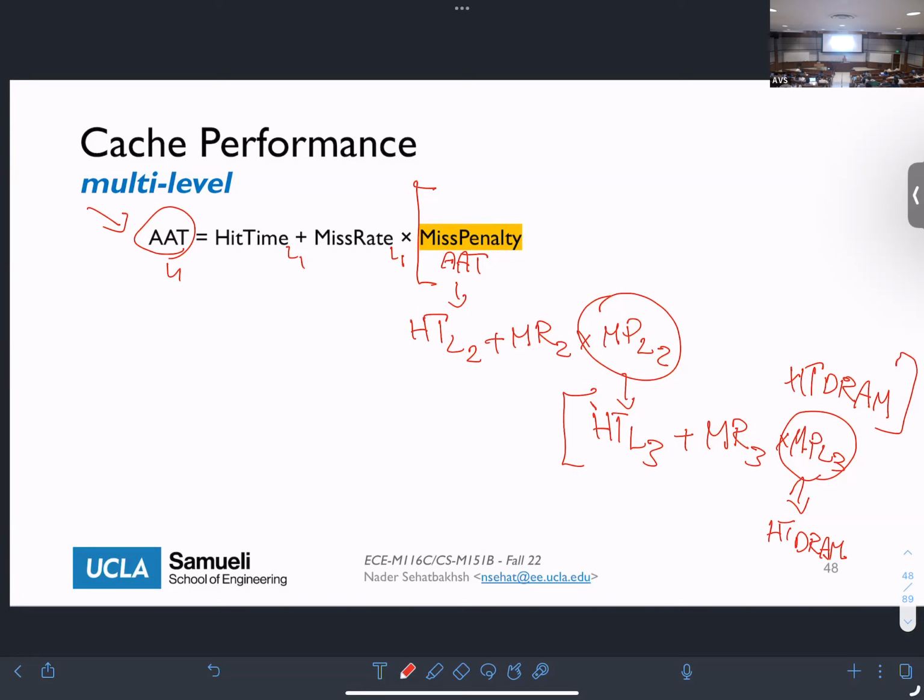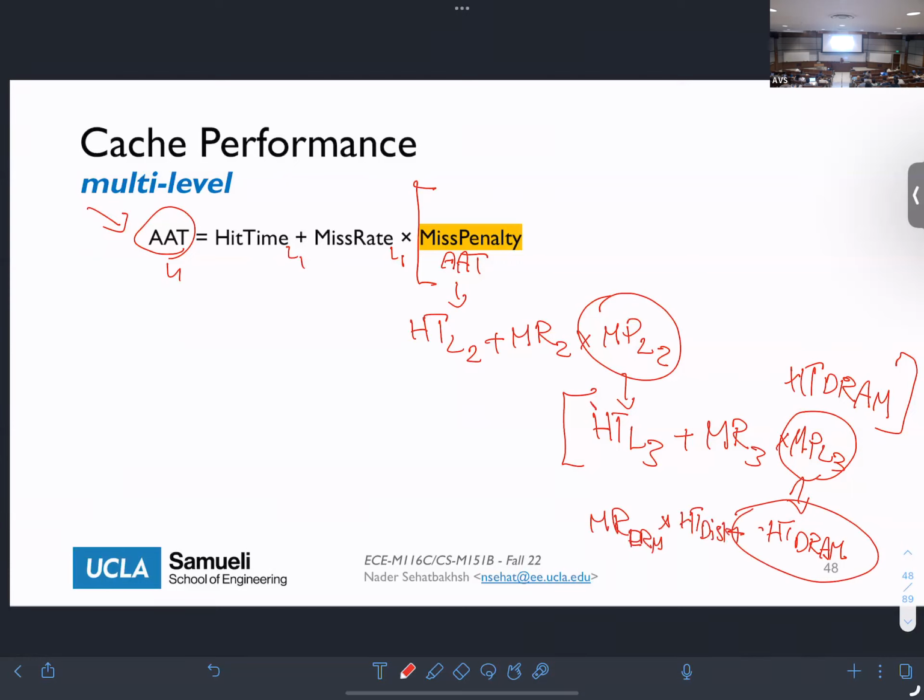So could you also have the DRAM? Yes. In reality, this would have been the hit time of DRAM plus the miss rate of DRAM times the hit time of disk.